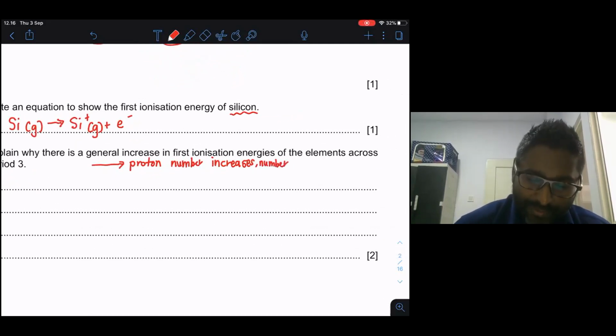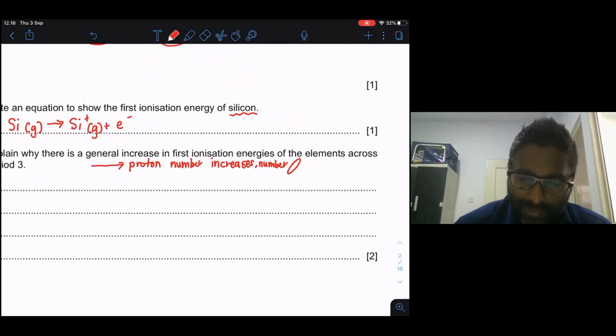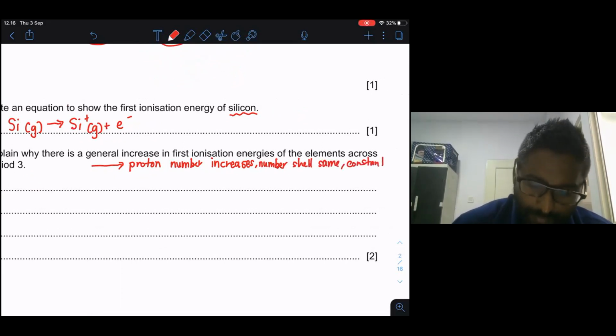When the number of shells is the same, what can you say about the shielding effect? Constant. Number of shells is the same, so the shielding effect is constant. If it is a constant shielding effect, what can you say about the nuclear charge?